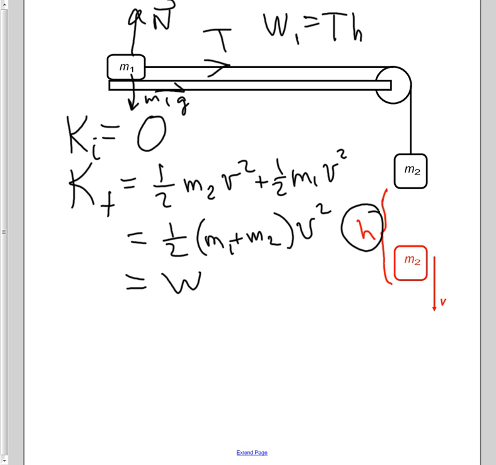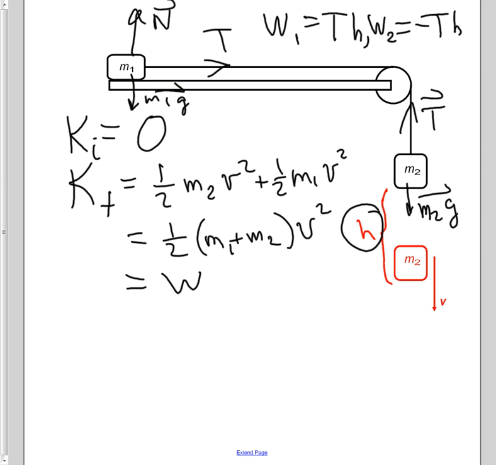Now if we look at M2 and ask what all the forces on it are, there's its own weight, M2g, and there's the tension in the string T. The work done on M2 by the tension, which I'll call W2, is equal to minus Th.